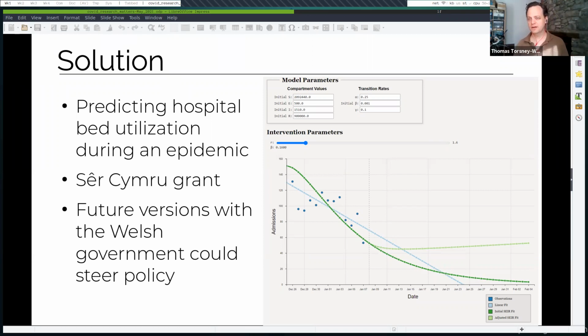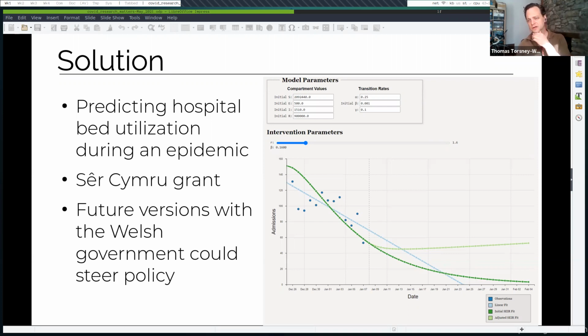So as part of this Sarah Cumry grant, we integrated an epidemiological model with a fitting procedure, and then an interactive visualization tool to allow people to understand how the epidemic might affect how many hospital beds the hospital actually needs to prepare.